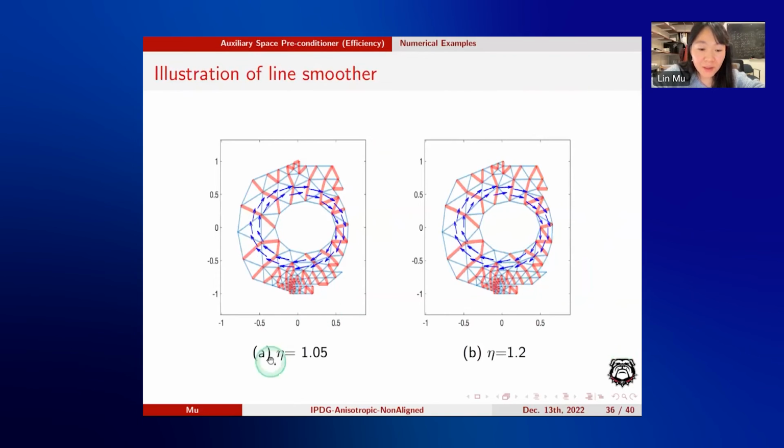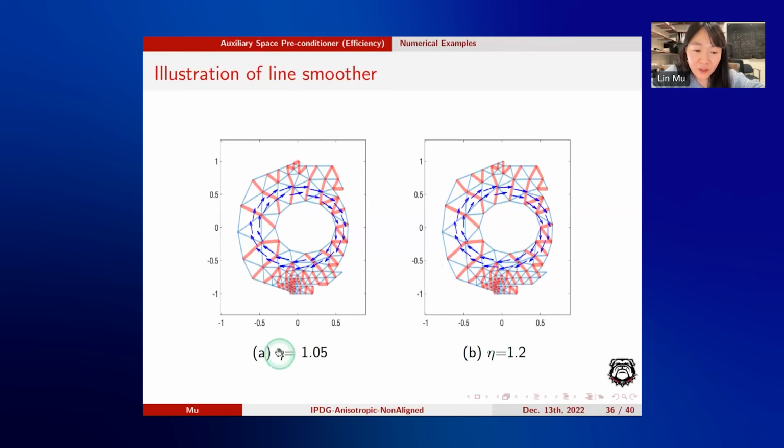And we also test different values for the threshold. If we choose threshold equals 2, that means the angle, we will sort all the edges with angle greater than pi over 3. If we choose eta equals 1.2, that means we will sort all the edges with angle greater than maybe 30 degrees.